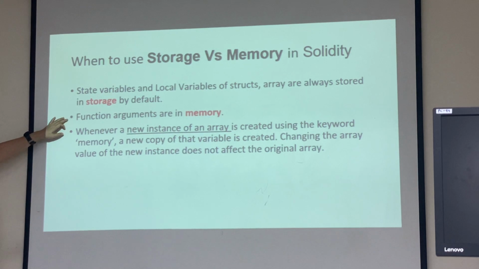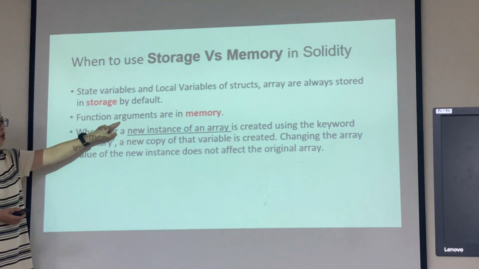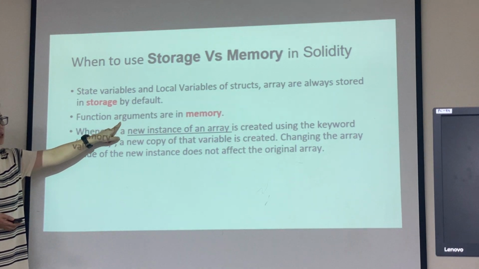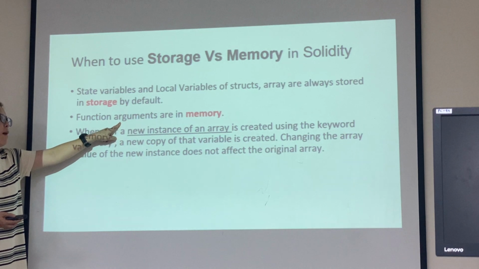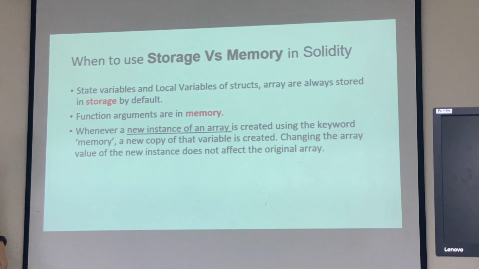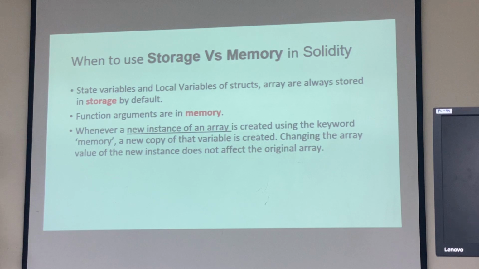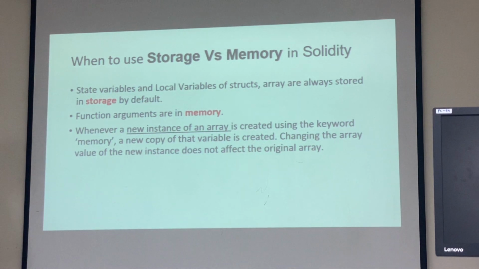The function arguments, referring to your input parameters or output parameters, are in memory. Whenever a new instance of the array is created using the keyword memory, a copy of the variable is created.